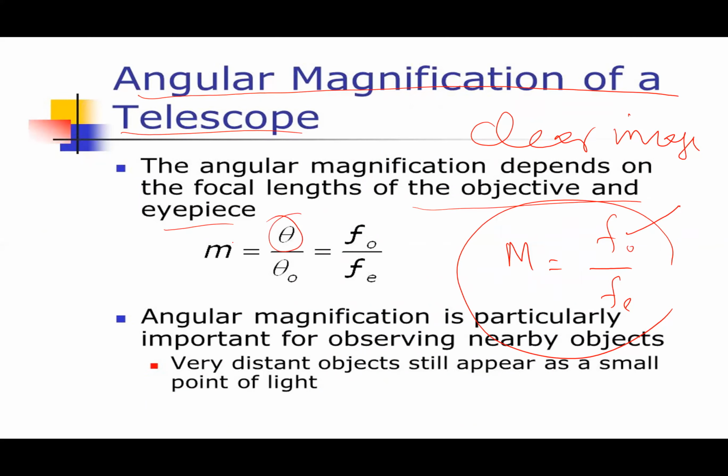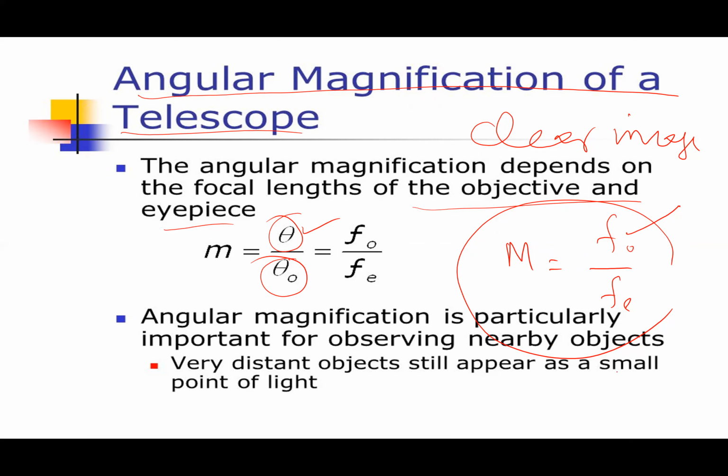This is the angle subtended with the objective lens, and this is with the eyepiece. Angular magnification is particularly important for observing near objects. Very distant objects still appear a small point of light.